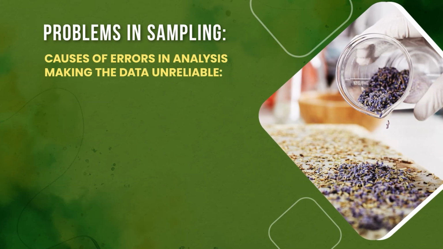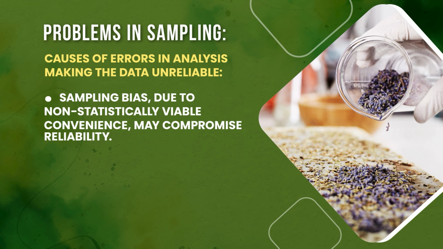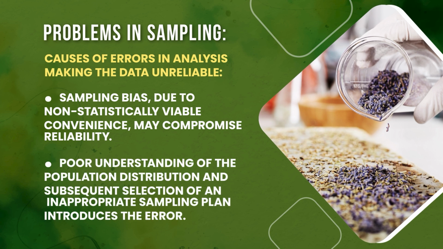The causes of error in analysis making the data unreliable: number one is sampling bias. If you have drawn the sample non-statistically for convenience, it may compromise the reliability, and if you are not following the standard procedure, you are compromising the reliability. Second, poor understanding of the population distribution.